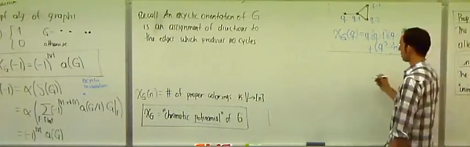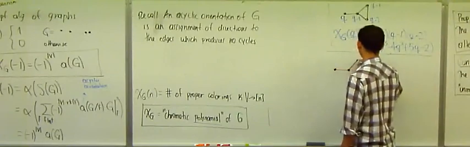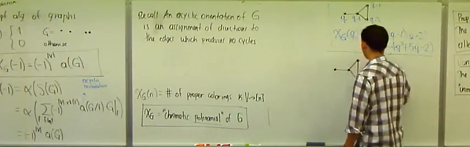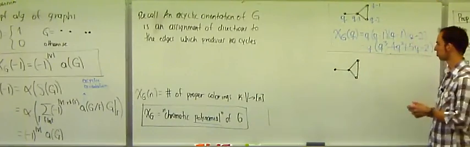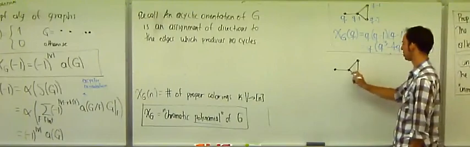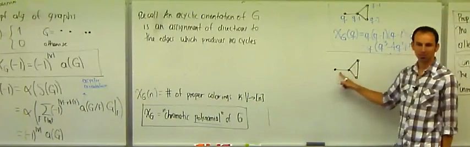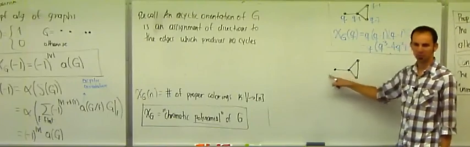So let's figure out, for example, what does an acyclic orientation of this guy look like? Let's say that I start, how should I orient this edge? This doesn't matter because no matter which way I orient it, this is not going to form a cycle.